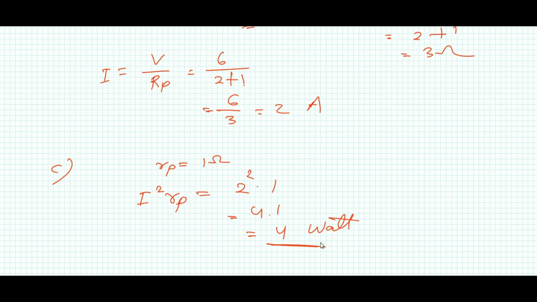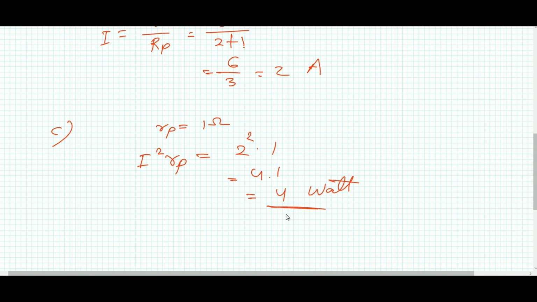Okay, you know this because in the previous video I have already discussed the power of an electrical appliance, right? So 4 watt of heat is lost inside the battery, right? We can easily convert this 4 watt into calorie, you know this.